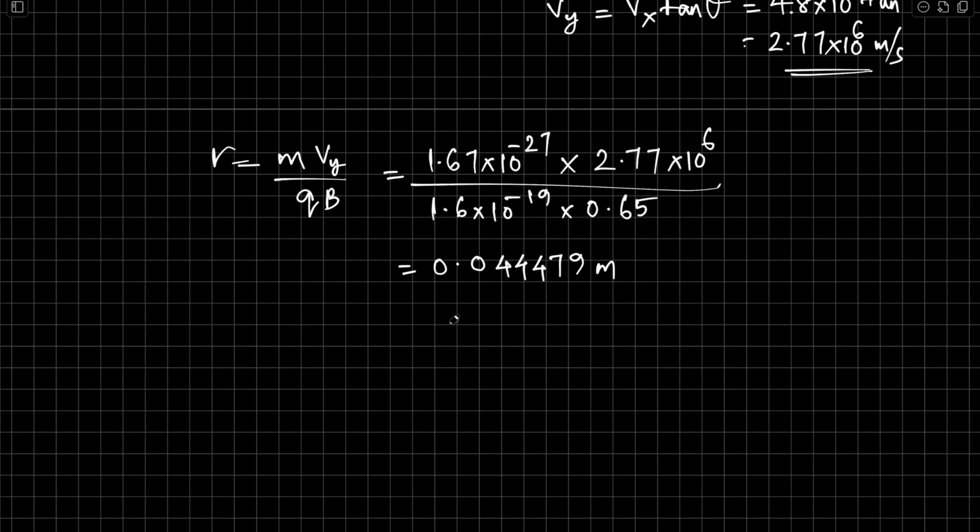That gives 0.04479 meter. Moving the decimal place two times to the right, it's 4.4 times 10 to the power minus 2 meters, which is 4.4 centimeters.